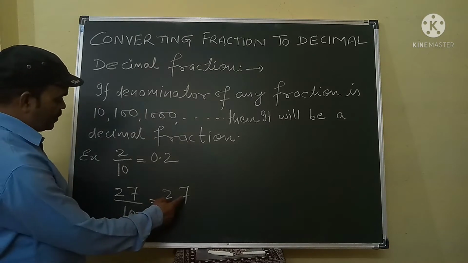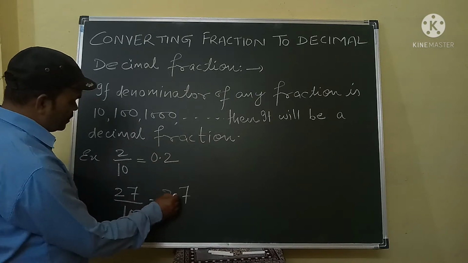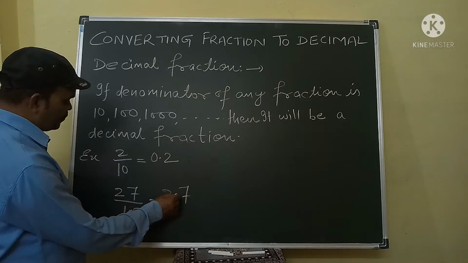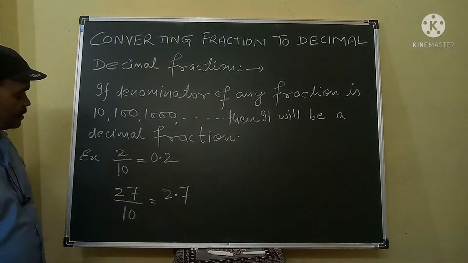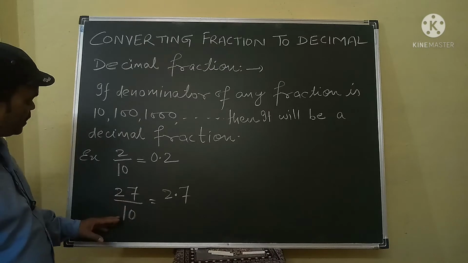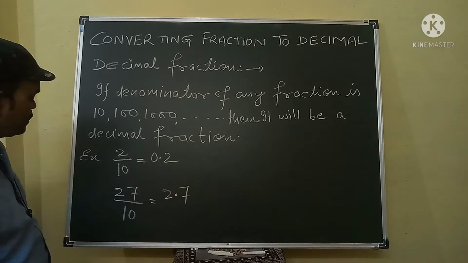That means before one digit we will put the decimal point. So the answer is 2.7. That means 27 upon 10 is equal to 2.7.